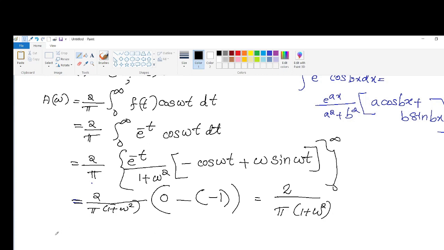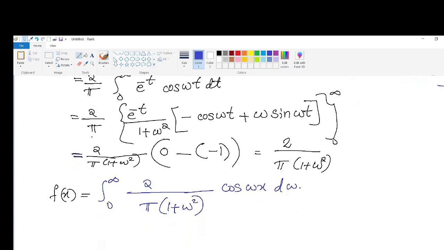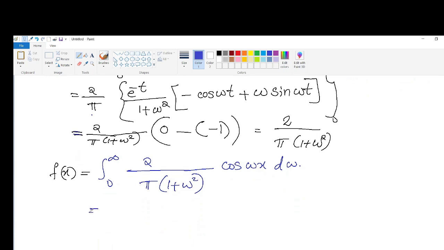Okay, now we can substitute the value of a(ω) in f of x. So f of x is equal to integral from 0 to infinity a(ω) into cos ωx dω. Here 2 by pi is a constant, so you can take it outside of the integral sign. So integral 0 to infinity 1 by 1 plus ω square, cos ωx dω.